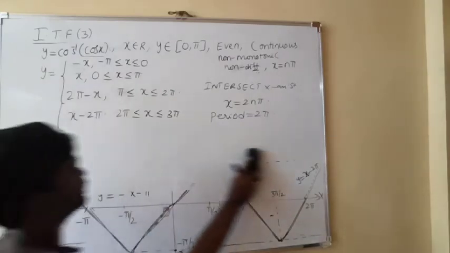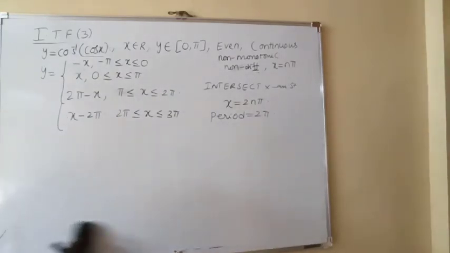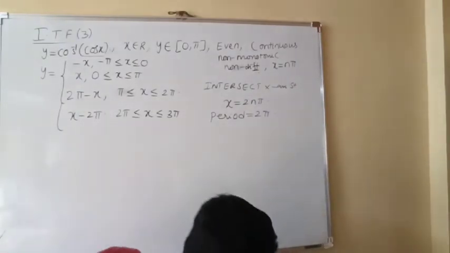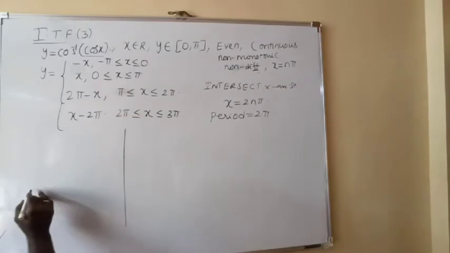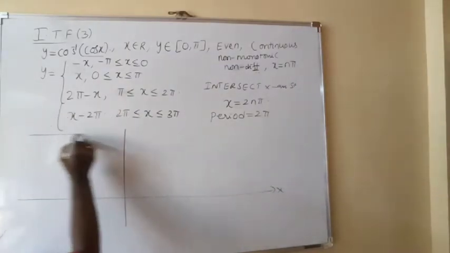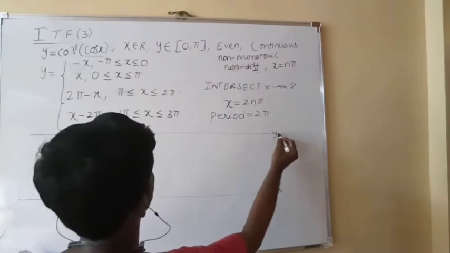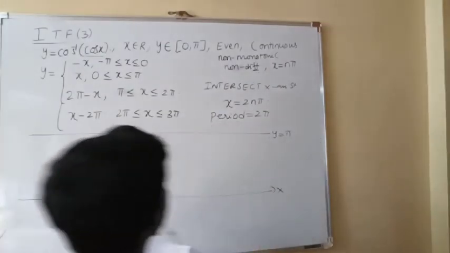So how to draw the cos inverse of cos x graph? See, what is the range of this function? 0 to pi.